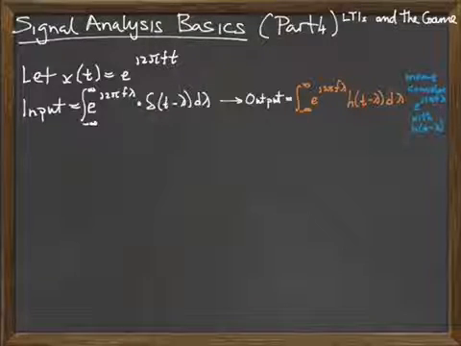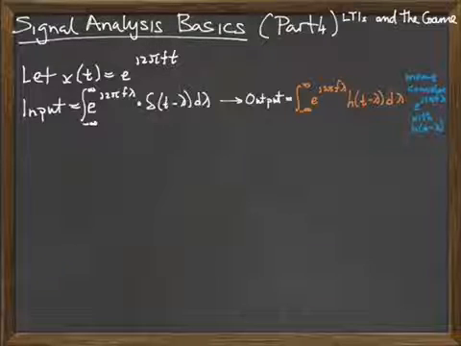Our output then will look very similar to the output in the other LTI. It will be the integral from negative infinity to positive infinity of e to the j2 pi f lambda times the impulse response h of t minus lambda d lambda.